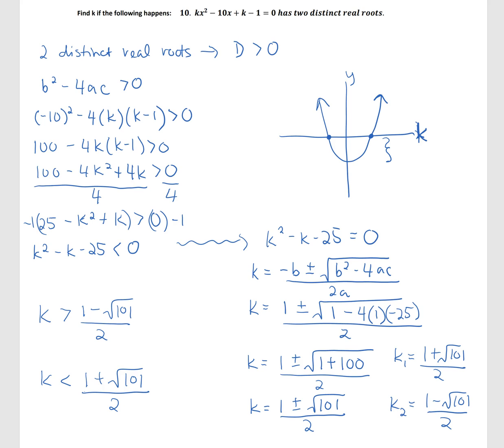I believe in the answer key they might have gotten these switched around, but you can evaluate this in your calculator to convince yourself that it should be in this order, and it is all the values of k in between these two points that make this statement true in the question. So these are our answers for k for question 10.